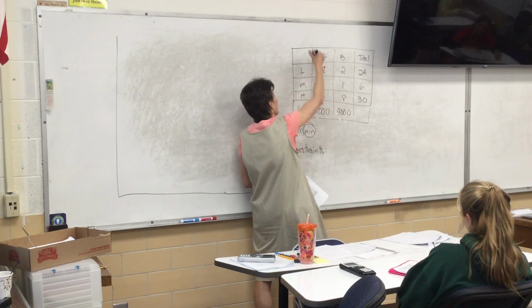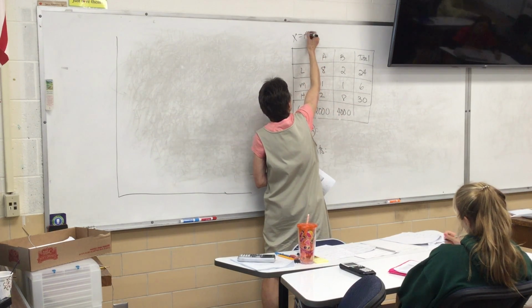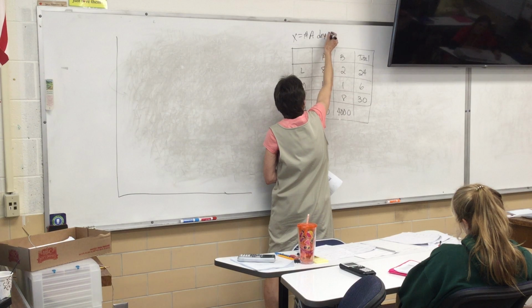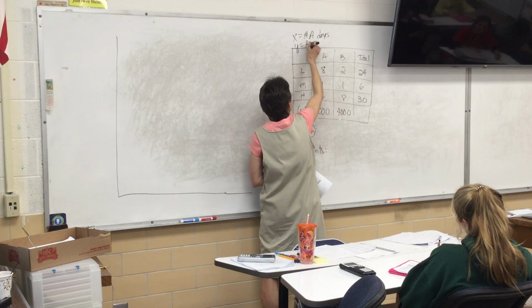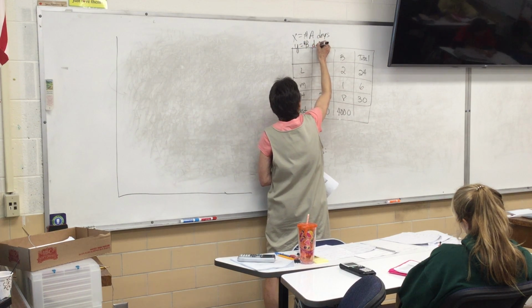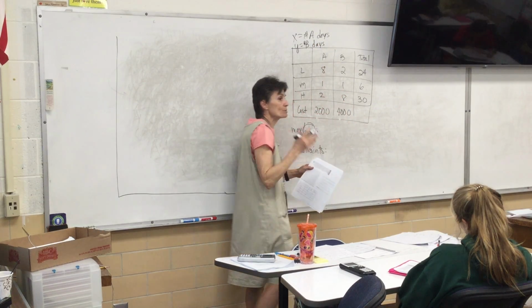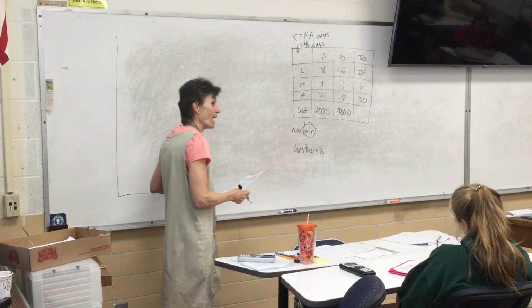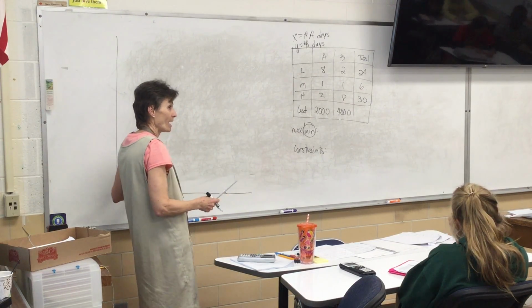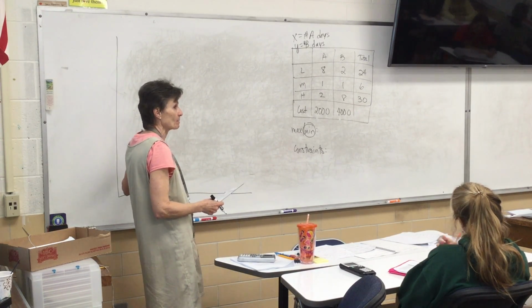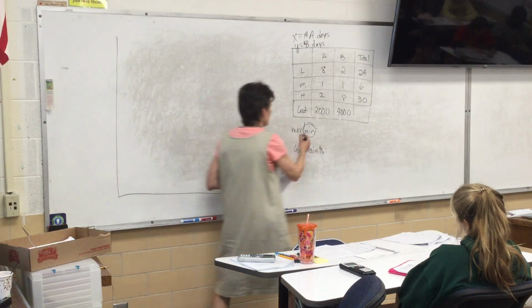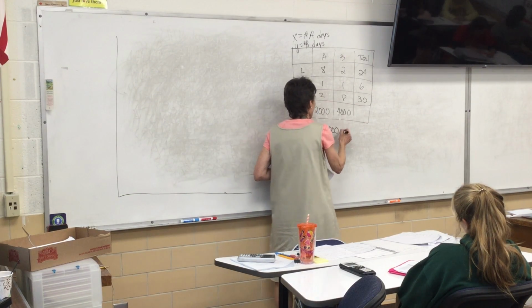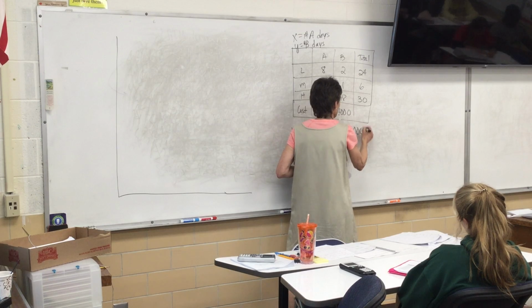So I'm going to let X be the number of A days, and Y the number of B days. You could actually use the letters A and B if you're okay with that. When we graph, normally it's X and Y, but it's the same thing. So my minimum is going to be 2,000X plus 4,000Y.